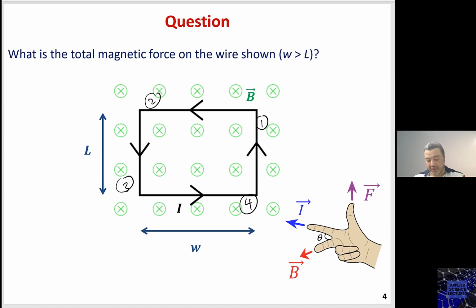For side 1, I have the current going up, so the index finger is going up. I have the magnetic field into the page. Then F1 is pointing this way. For F2, index finger going to the left, the magnetic field is pointing into the page. Then F2 is downward.